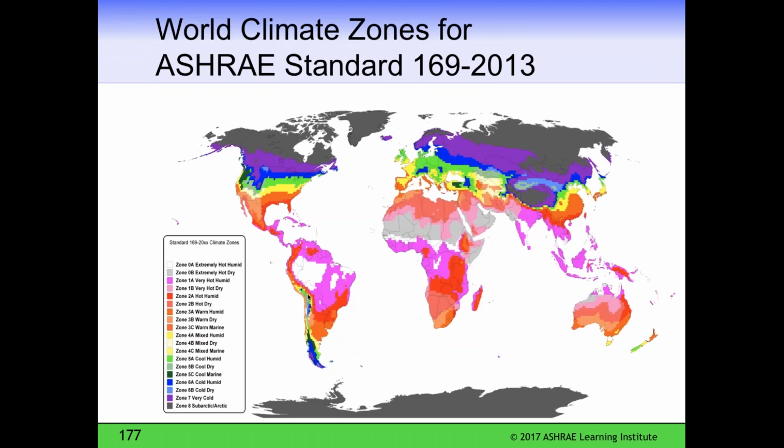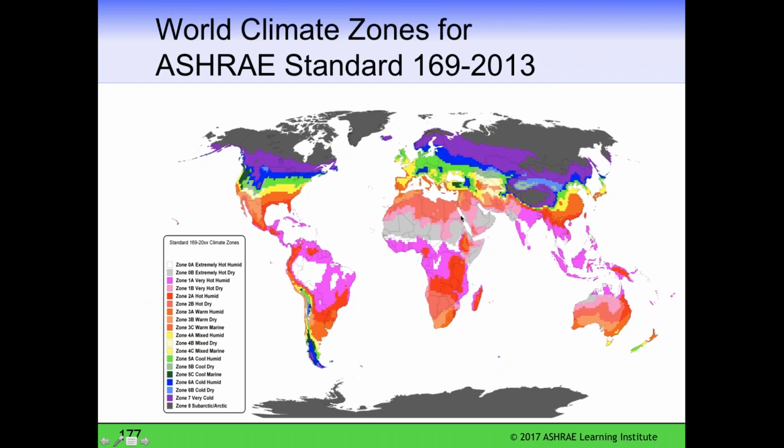And then here is the world climate zones. And for the Canadians present today, you can see by color which climate zones are impacting. So a lot of central Canada has climate zone 7. And then southern Canada has, in the eastern part, climate zone 6A, or mainly 6A.